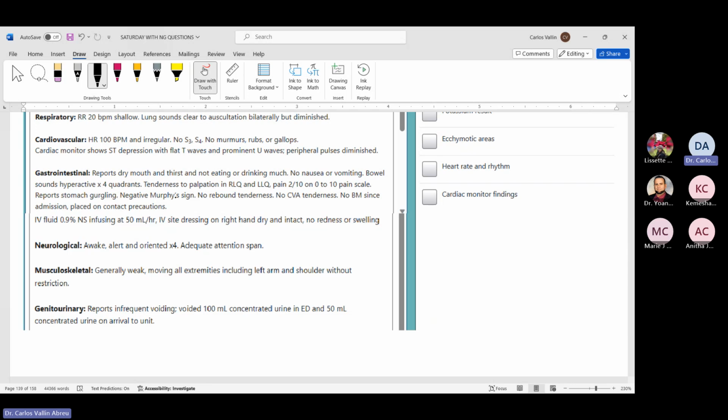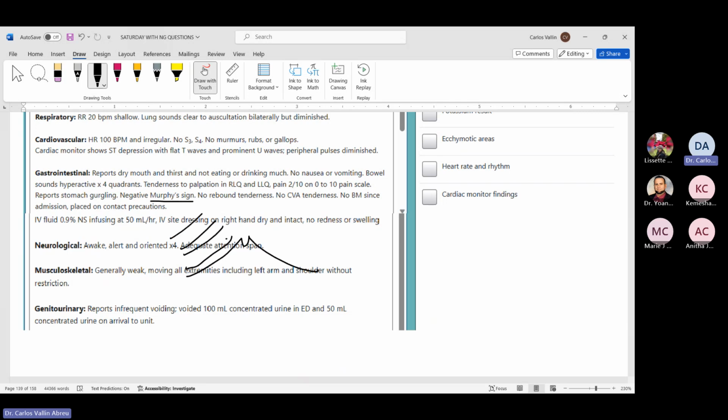Negative Murphy. Murphy is for the gallbladder. So the sign of Murphy becomes positive when there is inflammation and pain in the gallbladder. The gallbladder is under the liver, and the liver is under the ribs on the right side.